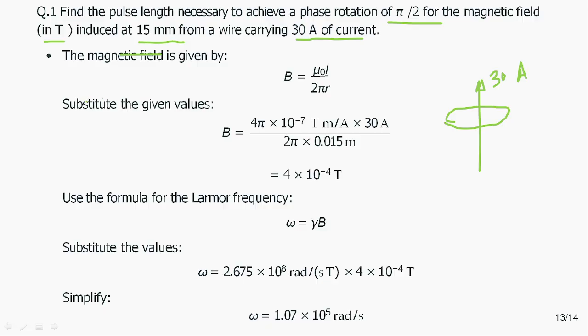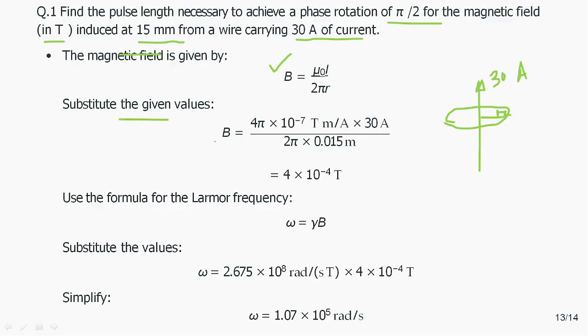Now we'll see. Magnetic field is given by the Biot-Savart law. Field intensity B equals mu naught I by 2 pi r. So mu naught is the permeability, I is the current, and r is the distance from the wire.